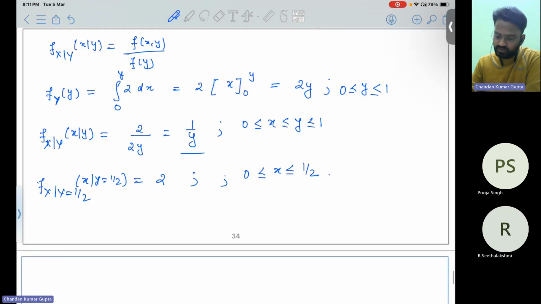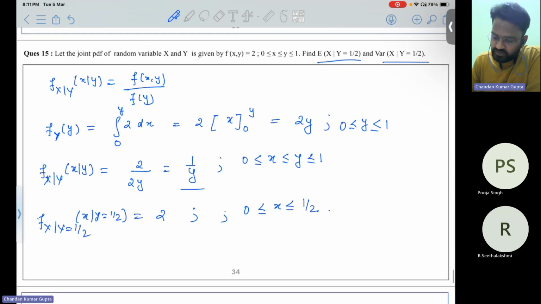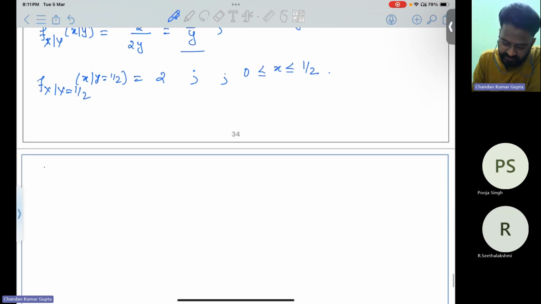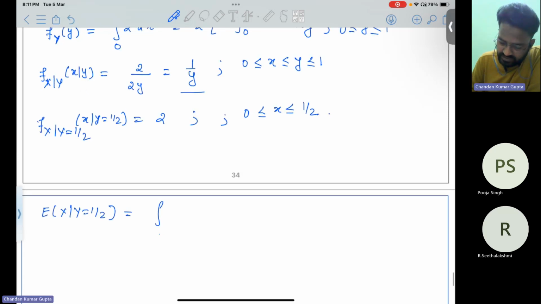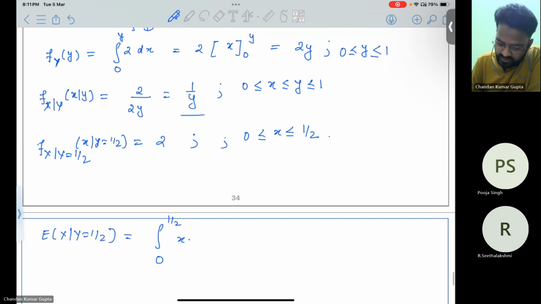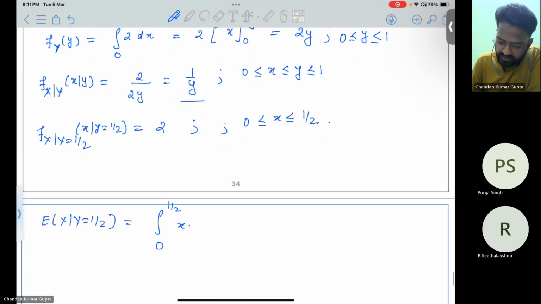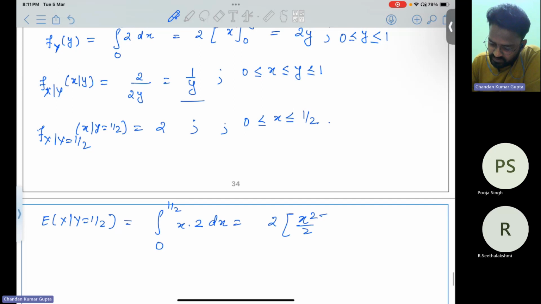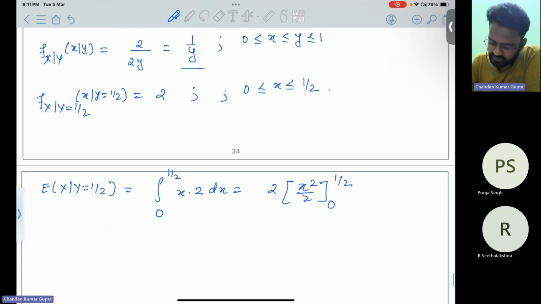Now we need to calculate the expected value of it, which is equal to the integral from 0 to half of x into 2, which is x square by 2... sorry, x square, from 0 to half.